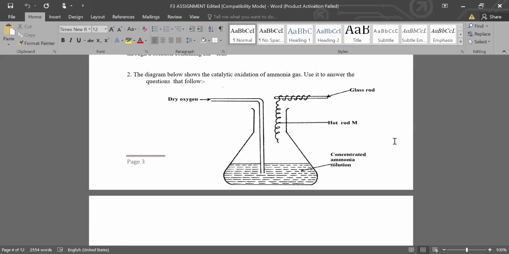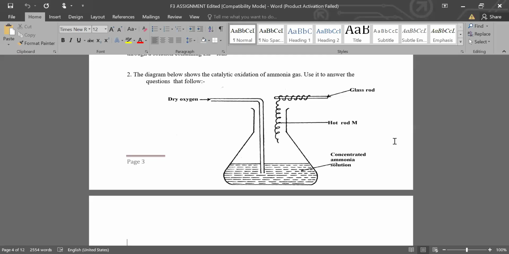But this one is a bit different in the fact that the oxygen is the one that is being put in concentrated ammonia solution. The concentrated ammonia solution is giving out ammonia gas or ammonia fumes.